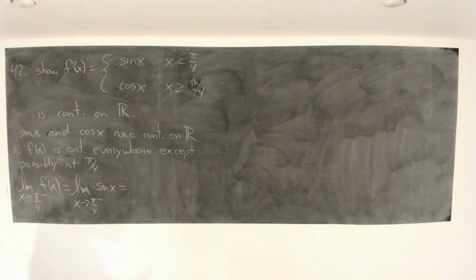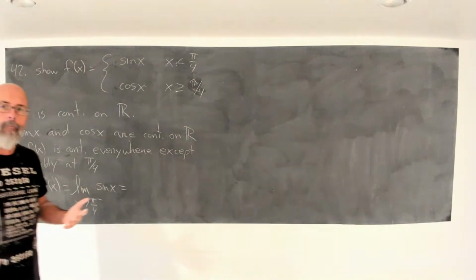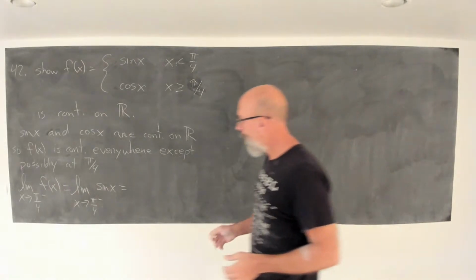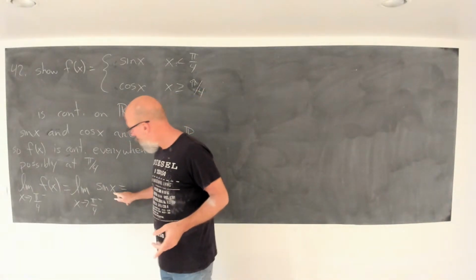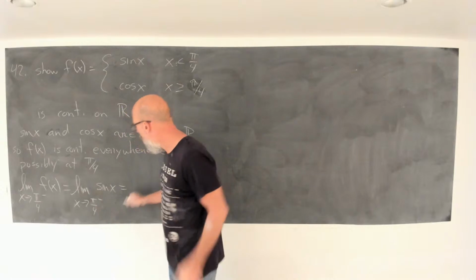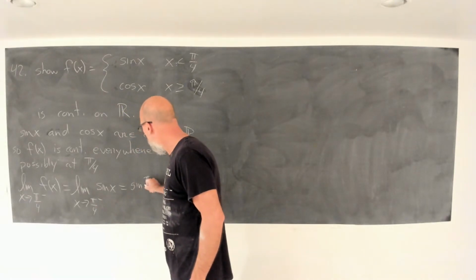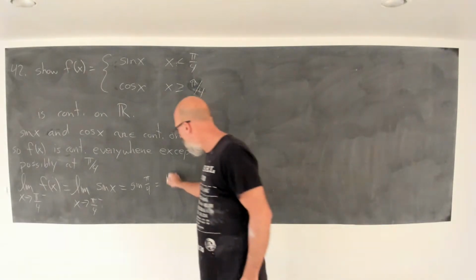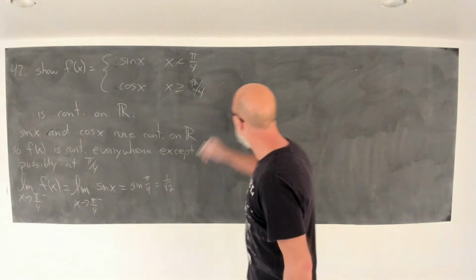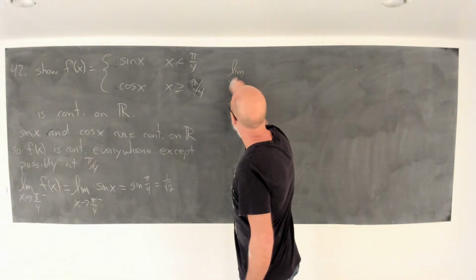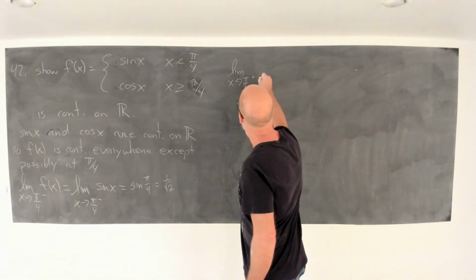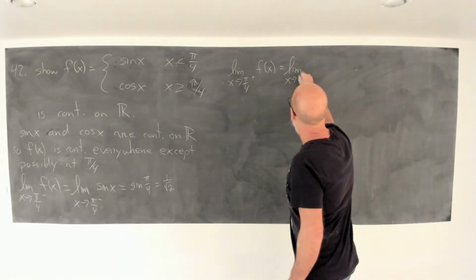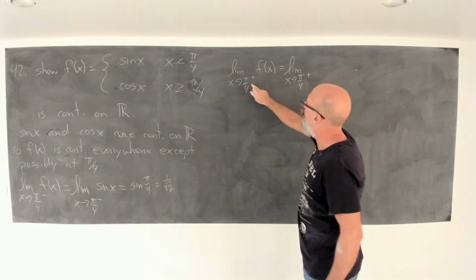And what is this limit? You know that sine is continuous. So the limit from the left is sine of pi over 4, which is 1 over root 2. And similarly, limit as x goes to pi over 4 from the right, what is the function for values bigger than pi over 4?